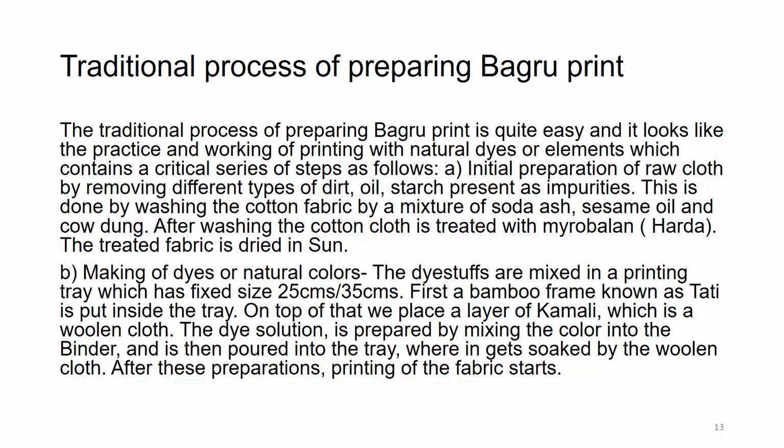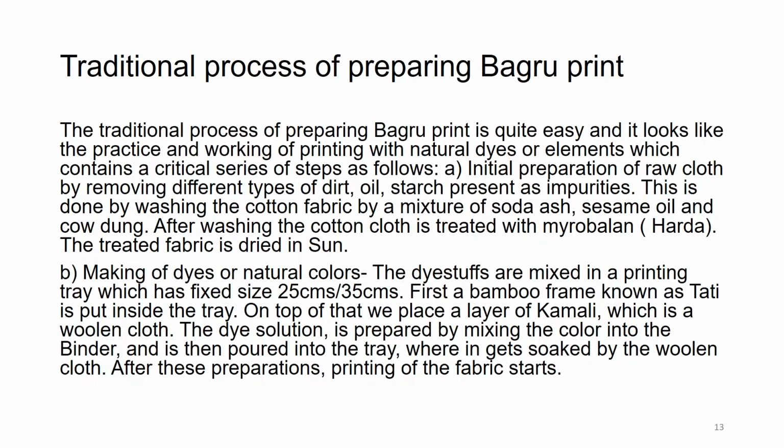This is done by washing the cotton fabric with a mixture of soda ash, sesame oil and cow dung. After washing, the cotton cloth is treated with myrobalan, that is harda. The treated fabric is dried in the sun. Now, this is the first time that we are listening that there is a sun drying process. So, it is unique by itself also.